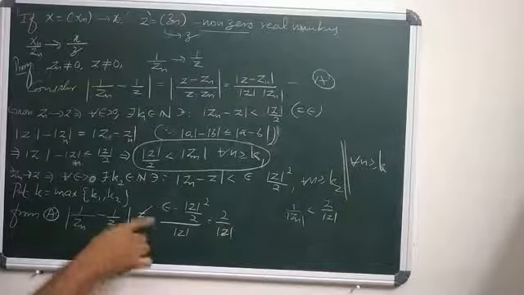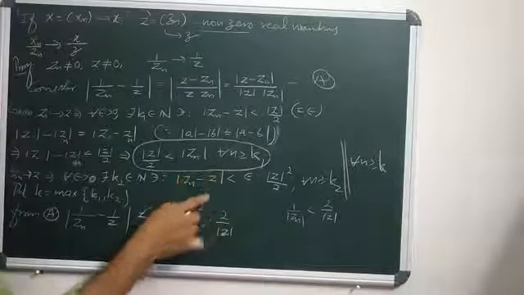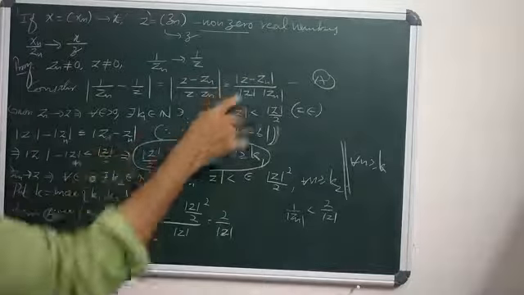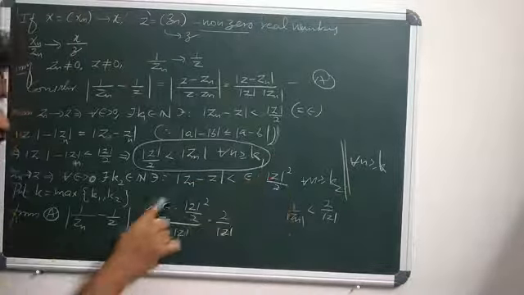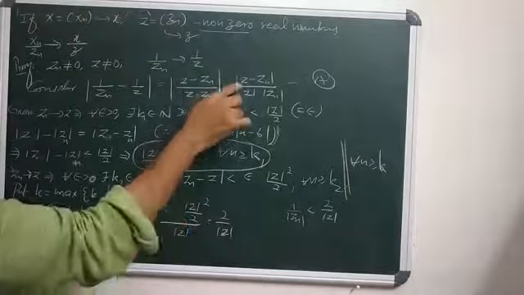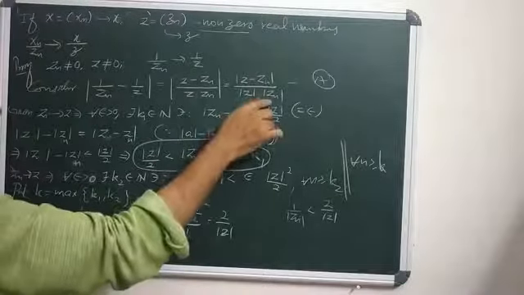So mod z minus zn is less than epsilon into mod z square by 2. On the denominator, mod z remains, into 1 by mod zn.